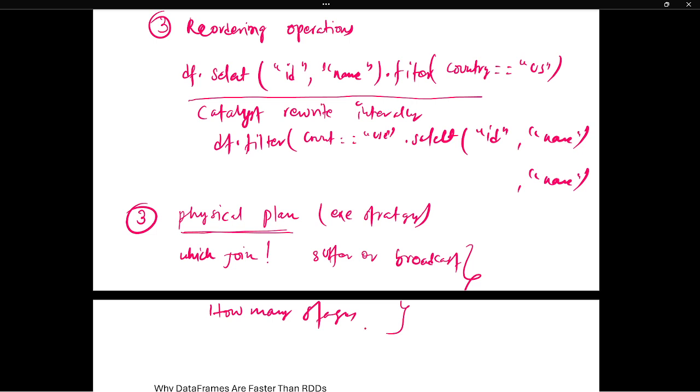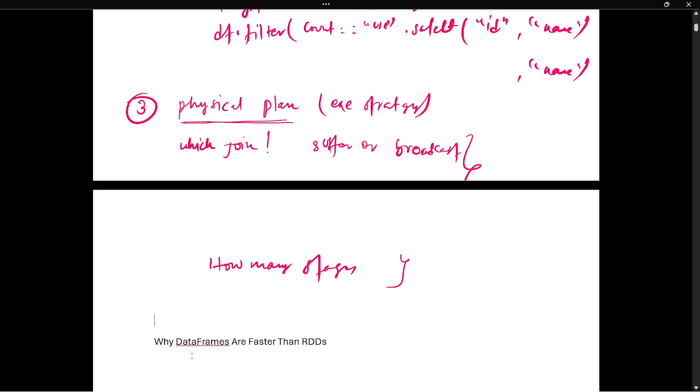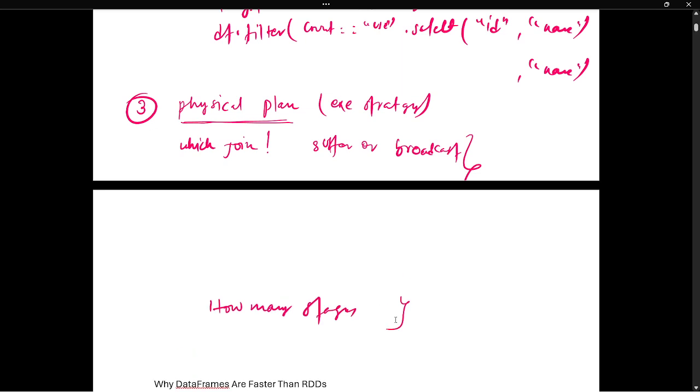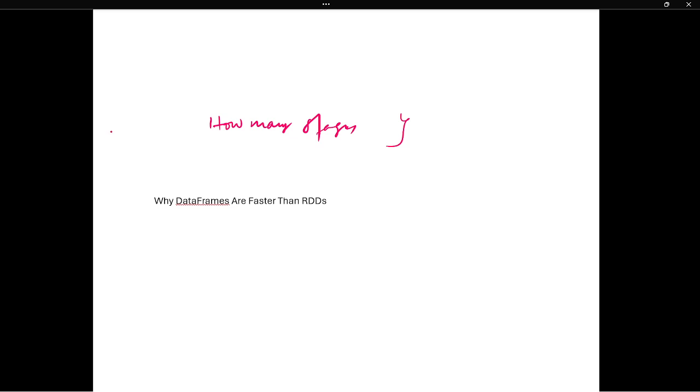Suppose I'm writing df_big.join(df_small) based on id.